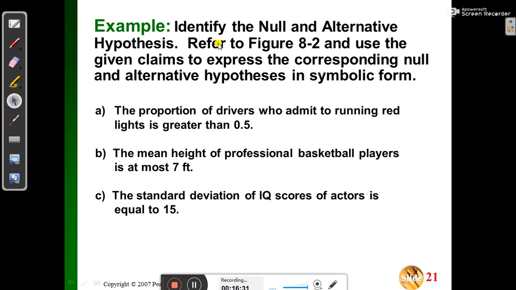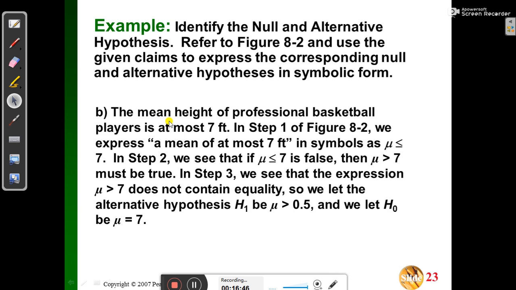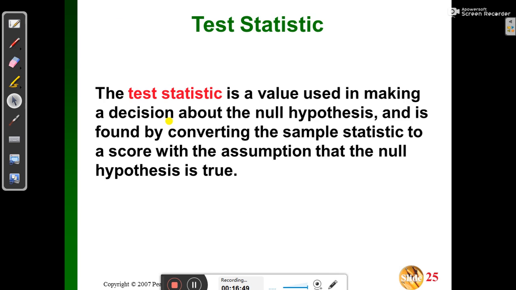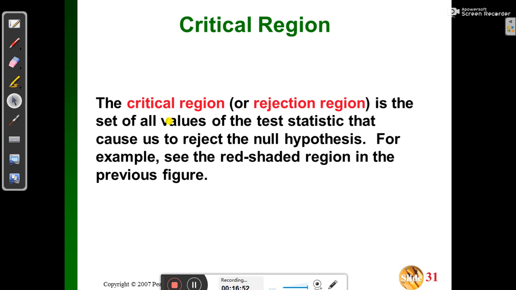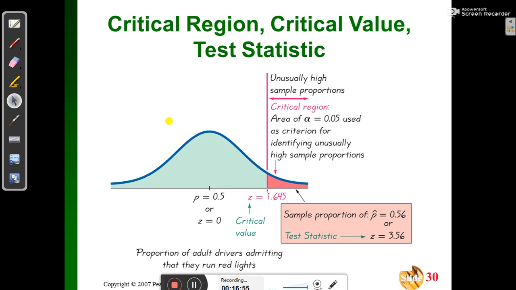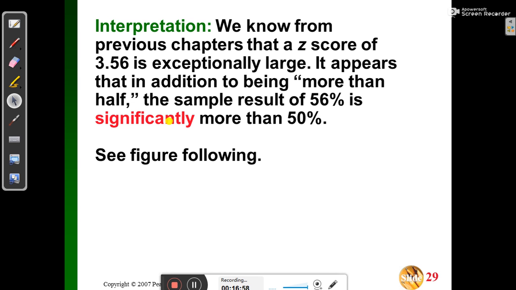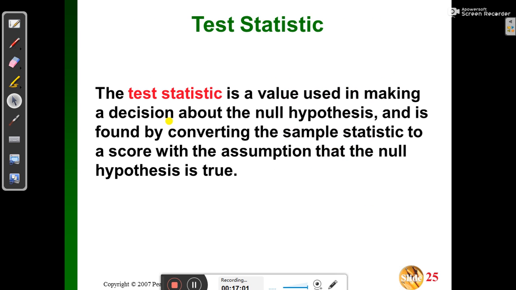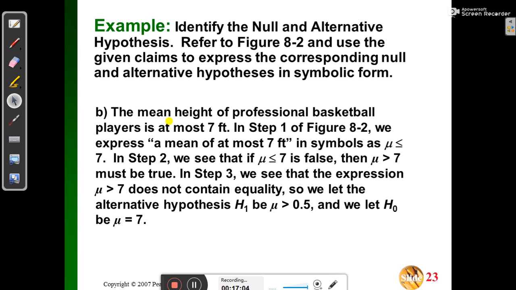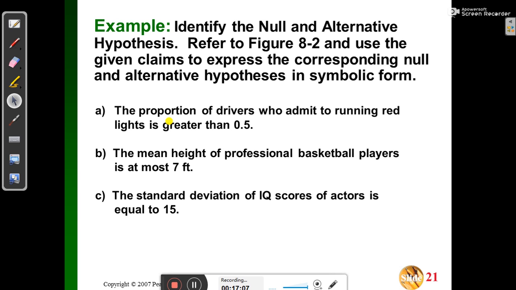Example. Identify the null and alternative hypothesis. Refer to figure 8.2 to use the given claims to express the corresponding null and alternative hypothesis in symbolic form. The example we have discussed previously. The proportion of drivers who admit to running red lights is greater than 0.5.